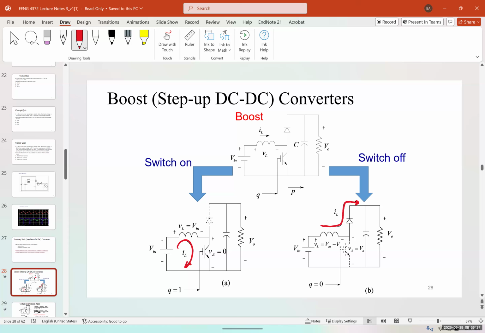The inductor is for storing energy using its magnetic field in terms of the current, and capacitors are very good at storing the voltage. We also know that when you connect the capacitor to a voltage source, initially the current spikes because there will be a high current passing, so the capacitor charges, and when it's fully charged, it acts like an open circuit and doesn't allow any current to pass.